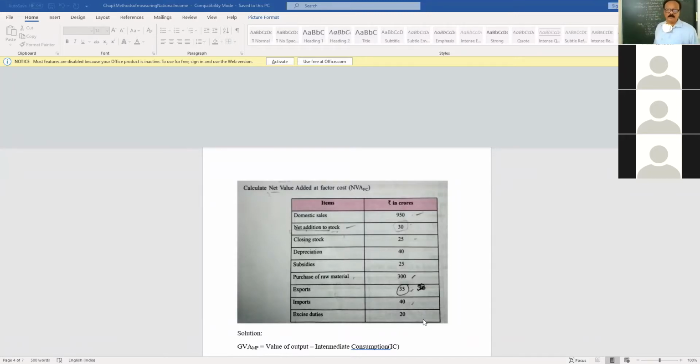Here it is not given, but excise duties is given separately over here. So we will take that as IT because it is a part of indirect tax. Minus 25, subsidies. So work it out. This becomes minus 5, minus into minus becomes plus. So 715 plus 5 is 720, minus 40 is equal to 680 crores.